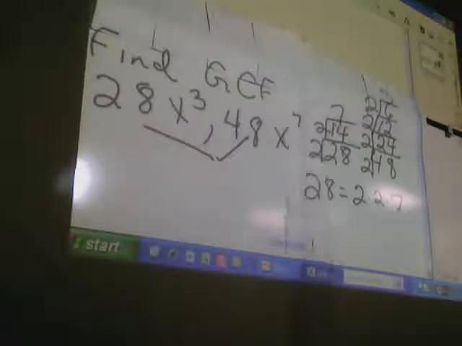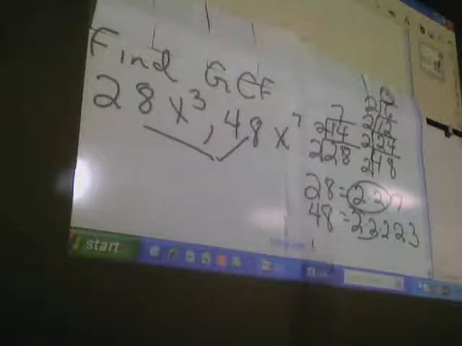So we have four 2's and one 3. The greatest common factor would be 2 2's, which is 2 times 2, and they don't both have a 7 or a 3, so we don't use either one of those factors. So 4 is our greatest common factor of the two numbers.